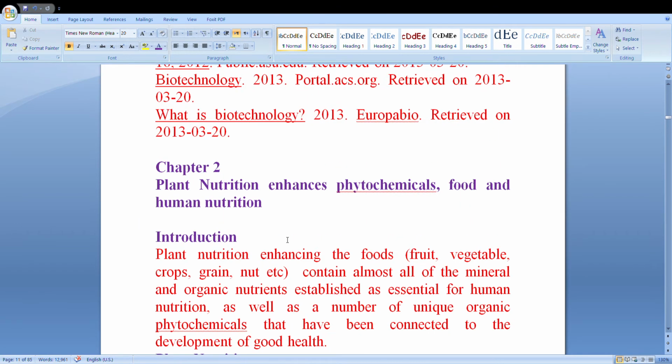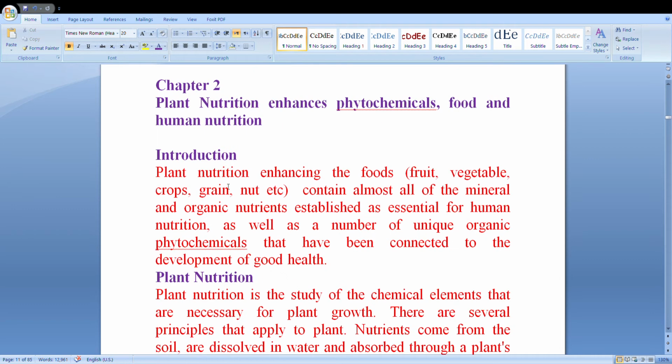So chapter 2 we can see here: plant nutrition enhances phytochemicals, food and human nutrition. We can see plant nutrition enhances foods, fruits, vegetables, crops, grains and nuts.